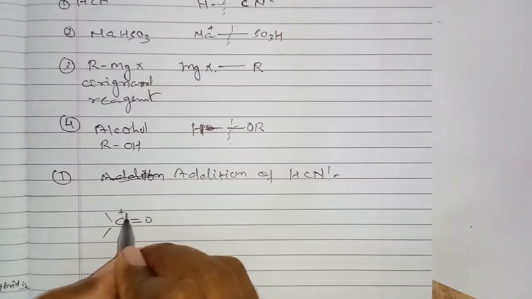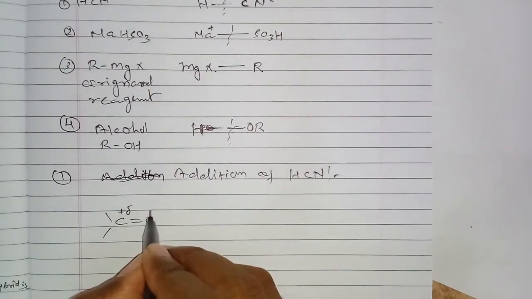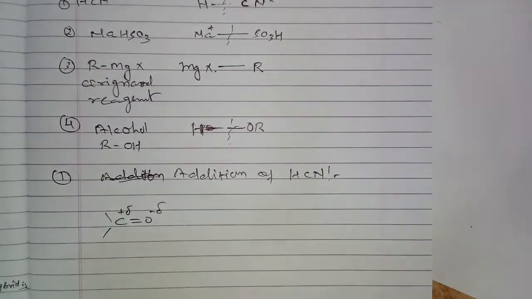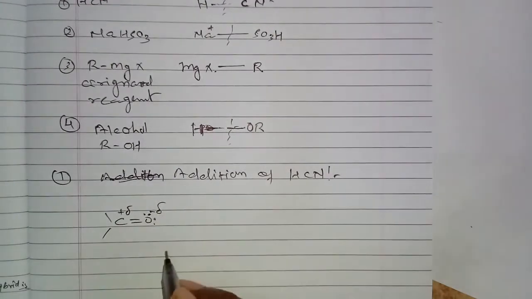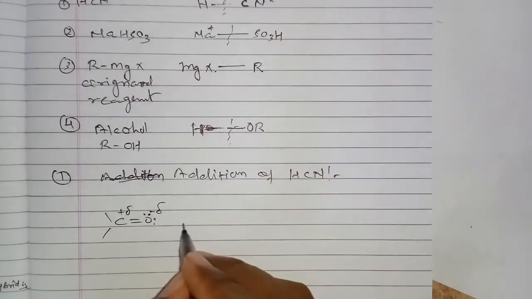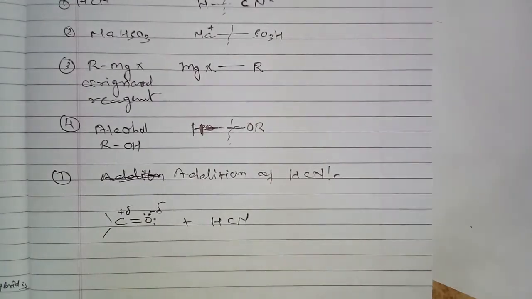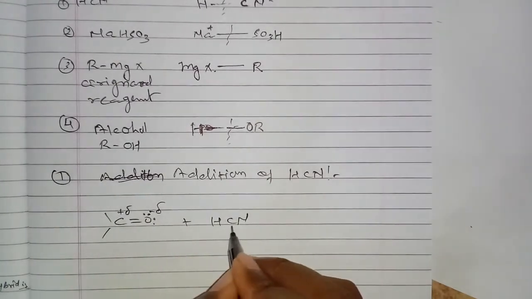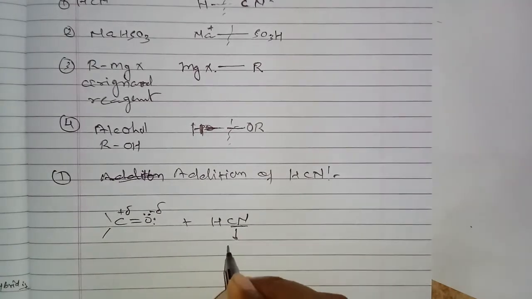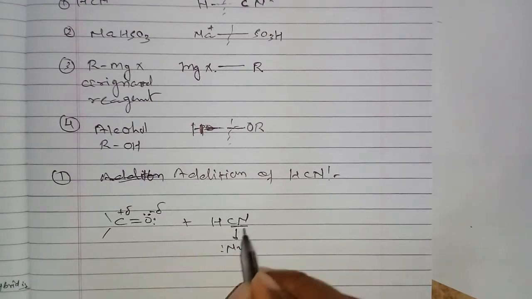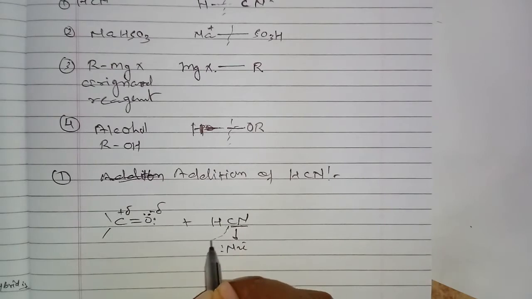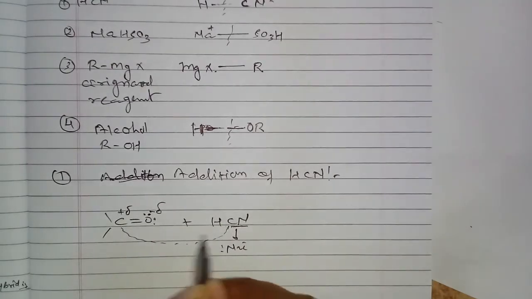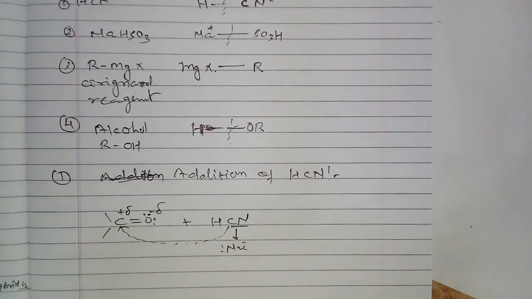The carbonyl group possesses a partial positive charge on carbon, and here oxygen has two lone pairs of electrons and a negative charge. In hydrogen cyanide, CN will act as the nucleophile, which will attack the carbon atom of the carbonyl group.